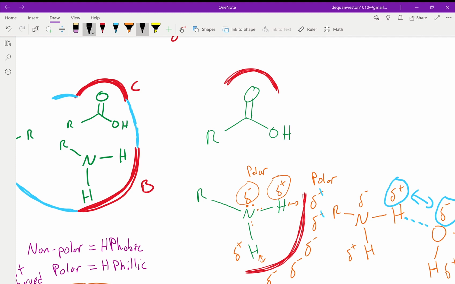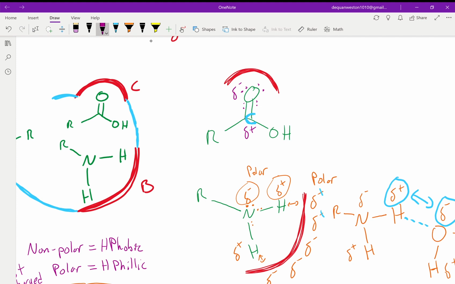So don't forget there's a C down here. Let me use a different color. There is a carbon down here, don't forget that. And what we're going to see here is this oxygen has lone pairs up here, and these electrons would be up here, and that's because oxygen has a partial negative, carbon has a partial positive.